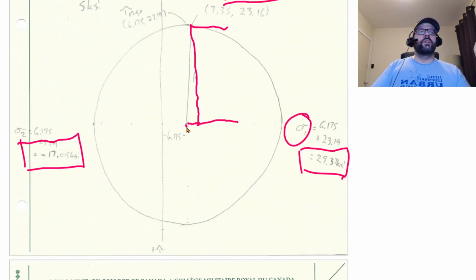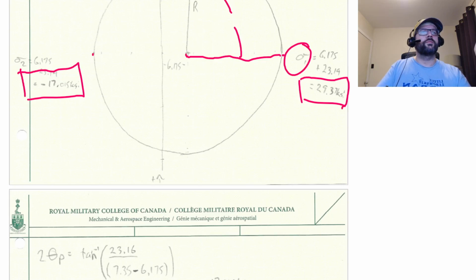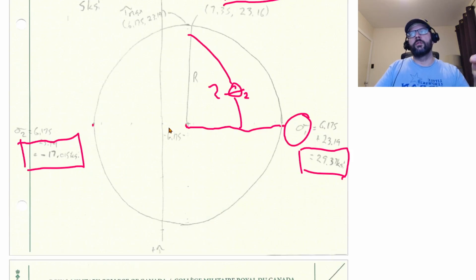And we need to find out how to get from there to there. So again, we just need to figure out what this angle is here, because that angle will be double the amount that we need to rotate our element in order to get to our principal axis.